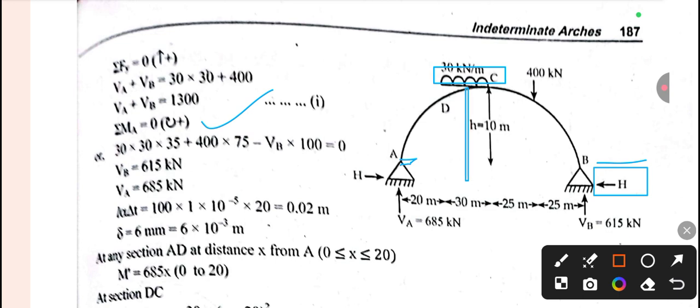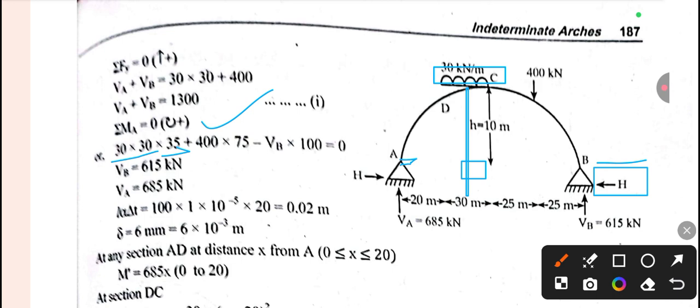So this acts at a distance of 20 plus 15, which means 35. So the total load is 30 into 30. This is the load, and the distance is 35. This one is actually clockwise, so it is taken positive.